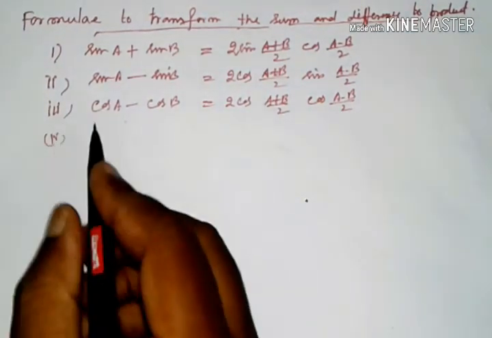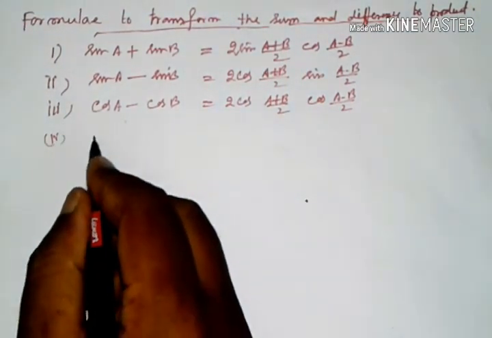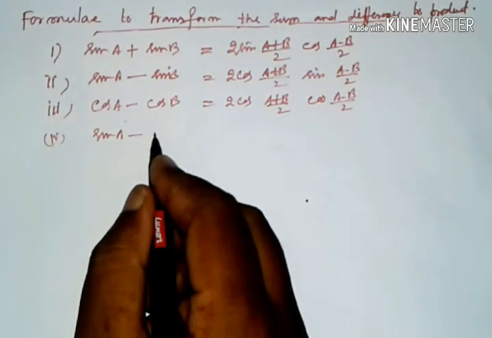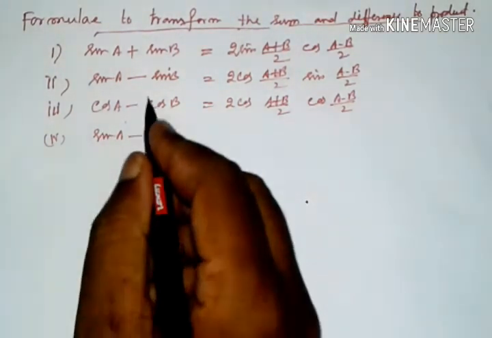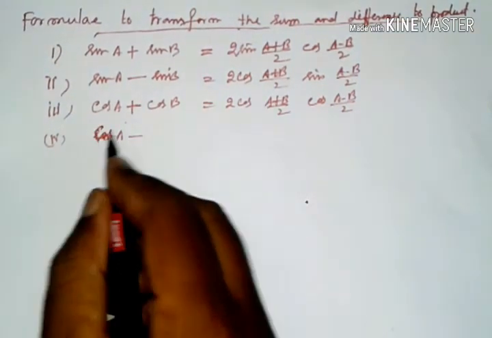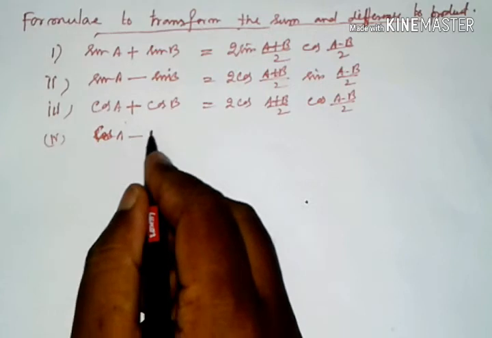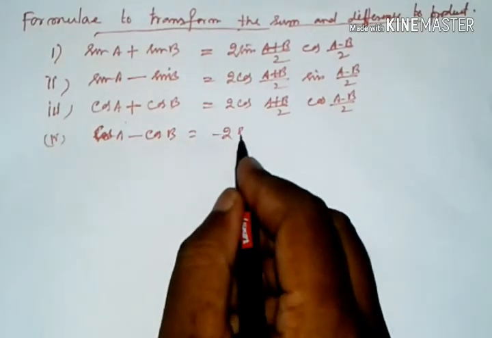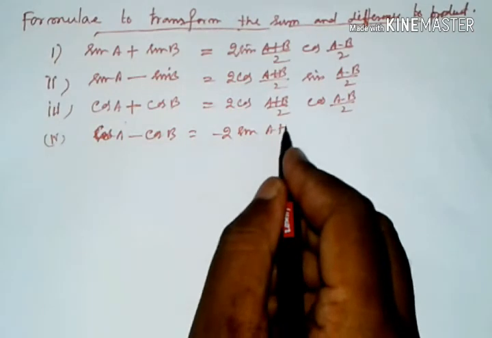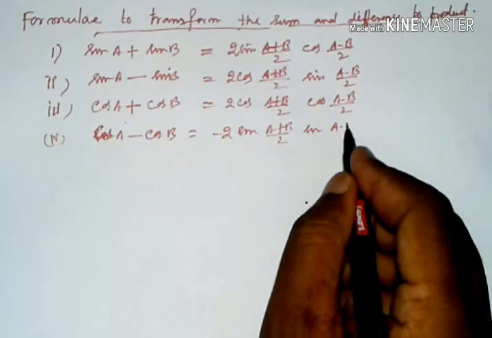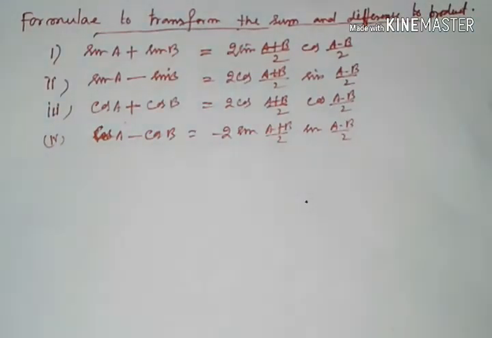And fourth one is cos A minus cos B. This is minus 2 sin A plus B by 2 sin A minus B by 2.